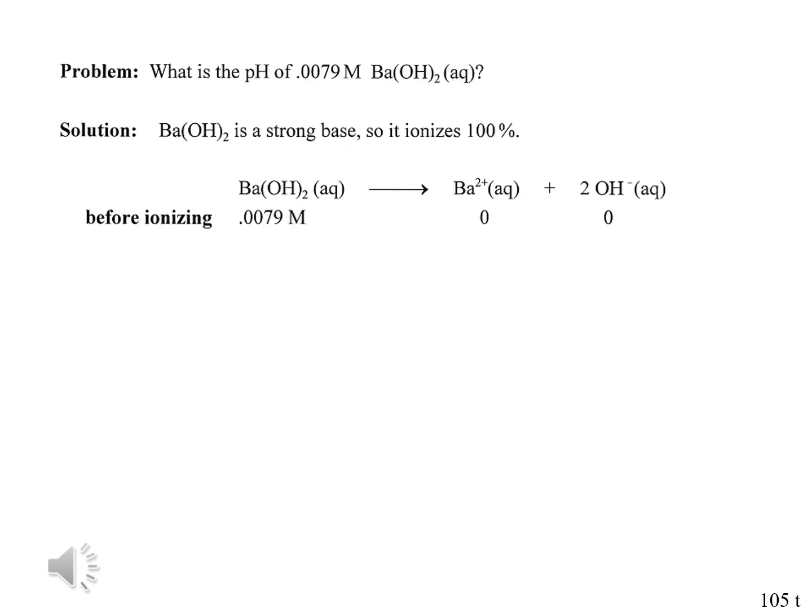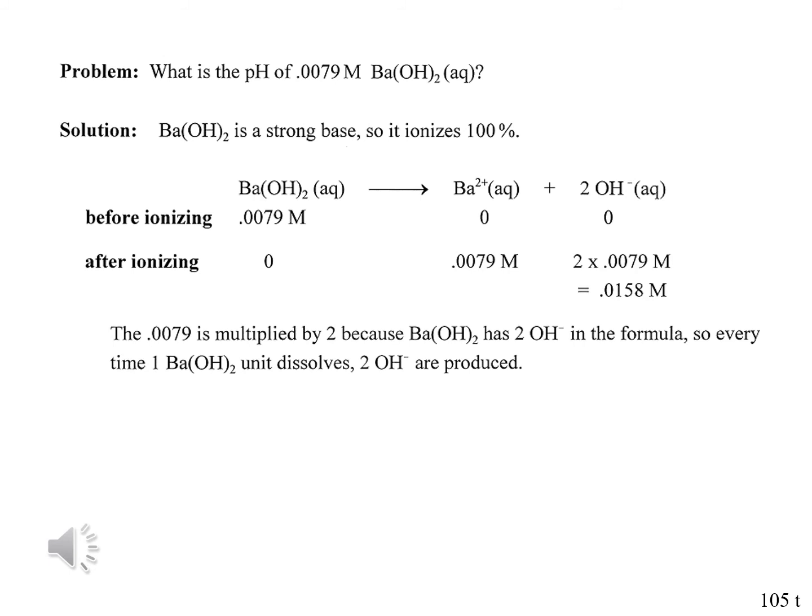Now I want to calculate the pH of the same concentration of barium hydroxide. You would think it might be the same thing because barium hydroxide is also a strong base, but you really have to watch it, because if barium hydroxide dissolves in water, you actually get 2 OHs for every 1 barium hydroxide.